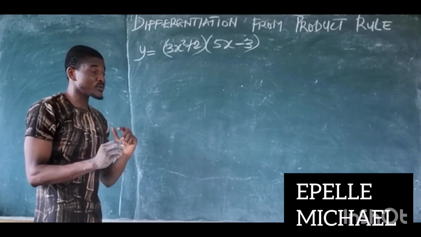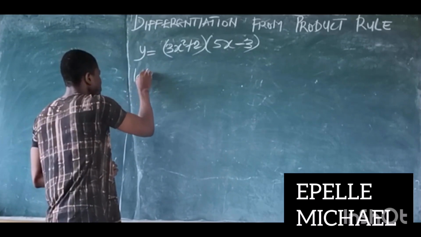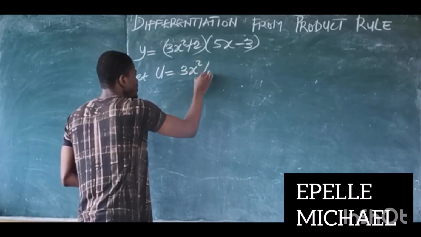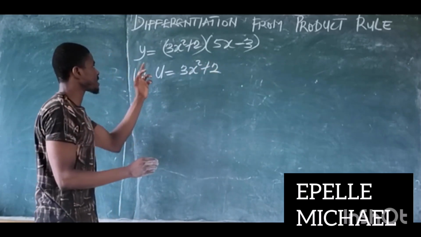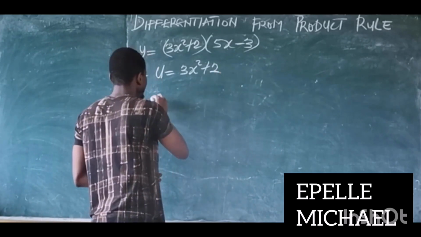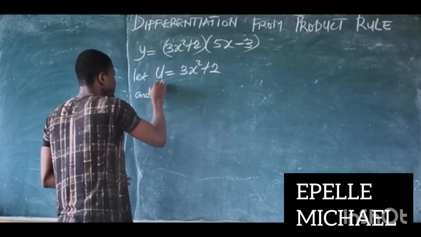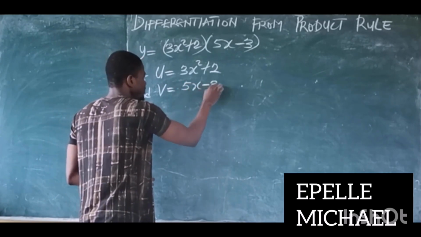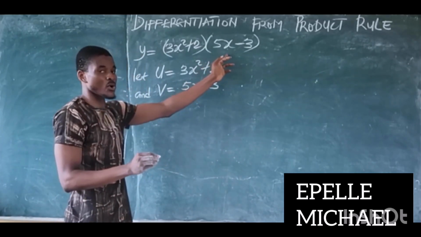So the first thing I will do is this. I will say let u be equal to 3x squared plus 2. So I'm saying that let the whole of this term be called u, and let v be equal to simply 5x minus 3. So the whole of this term is called v.